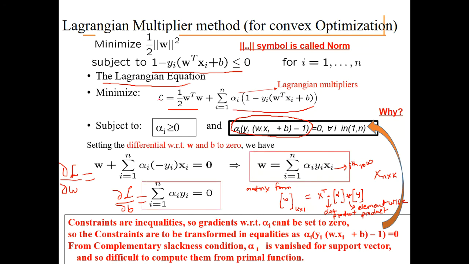If you differentiate L with respect to W, then you will get W minus summation of alpha i yi xi equal to 0.